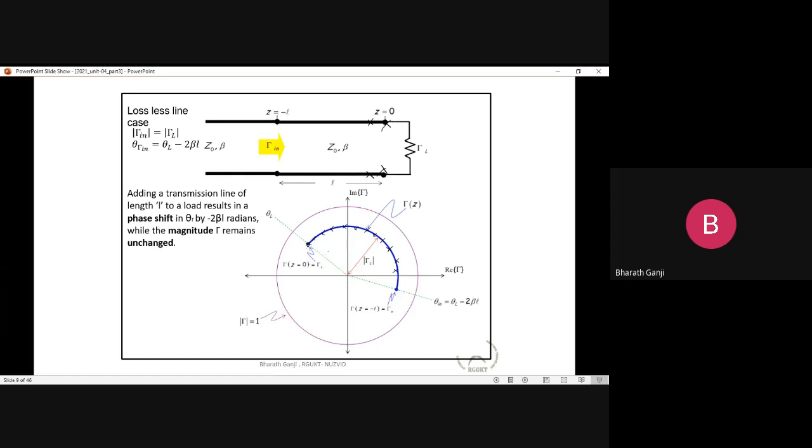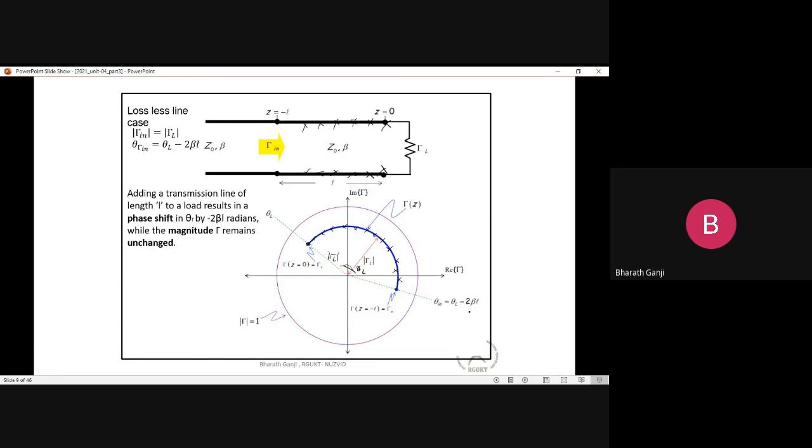this is your reflection coefficient value with some magnitude, and some angle theta L. As your length is increasing, as you are reaching various points here, at different terminals, you can have different values of reflection coefficients, and the values are given by these equations. The reflection coefficient magnitude is fixed at any point, so it basically traces a circular path.